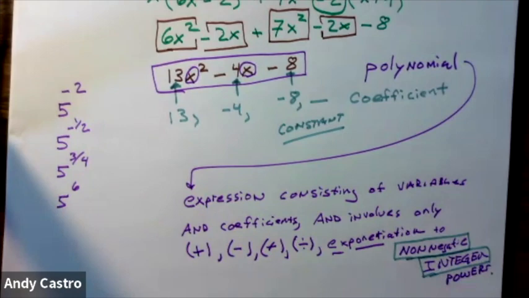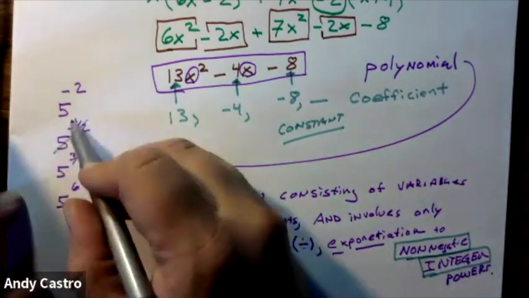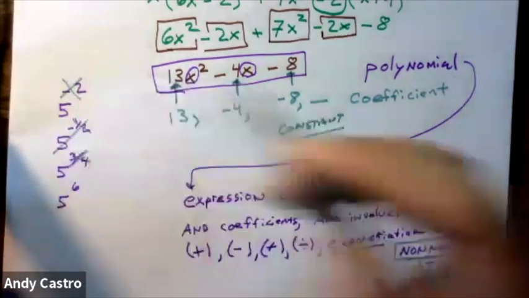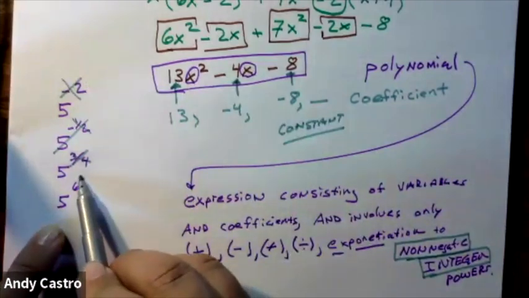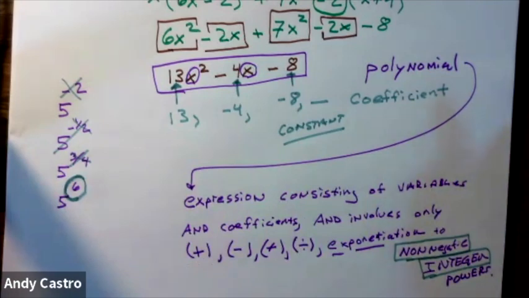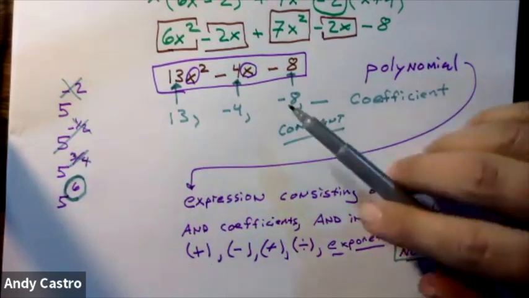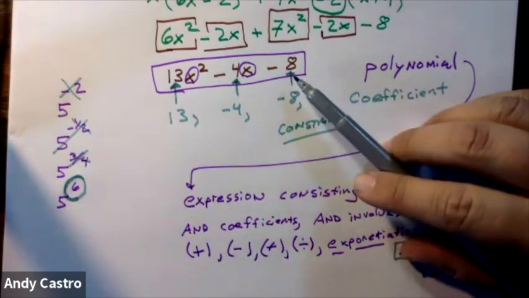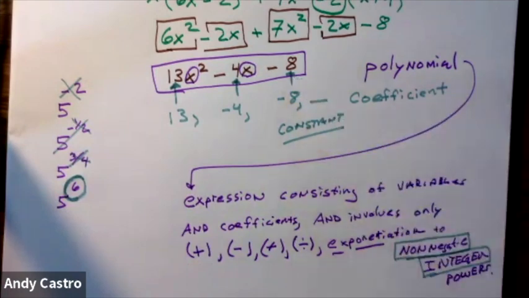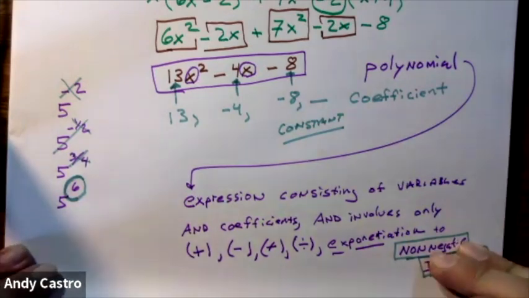So you already know that the 1/2 and the 3/4 are not integers, so they're off the table. The word non-negative is exactly what it sounds like, not negative. So it can't be something like that. So only a non-negative integer can be found in a polynomial. Okay. Give you guys just another second to write that, and we will move on.